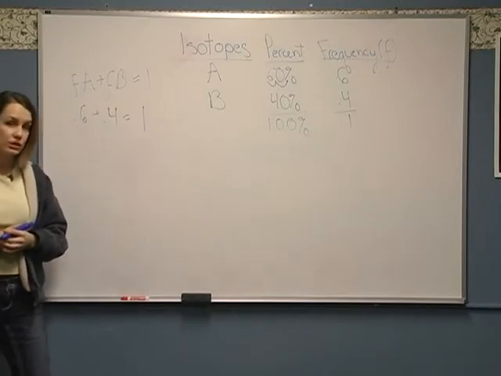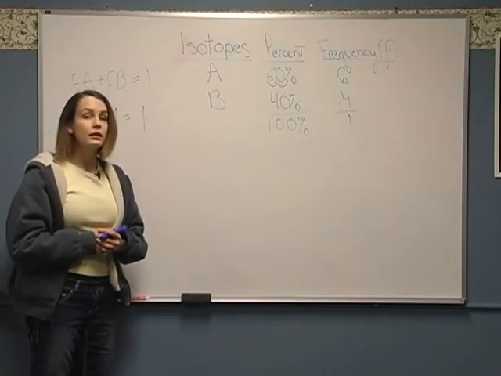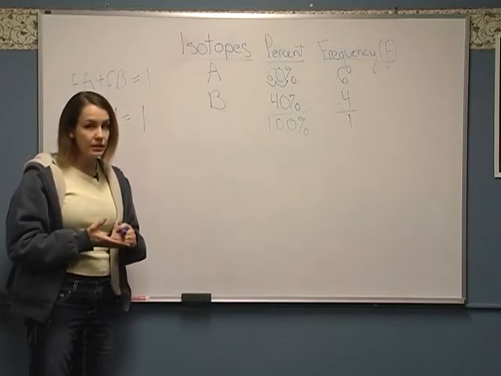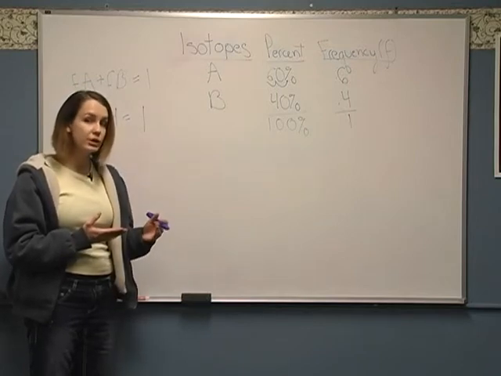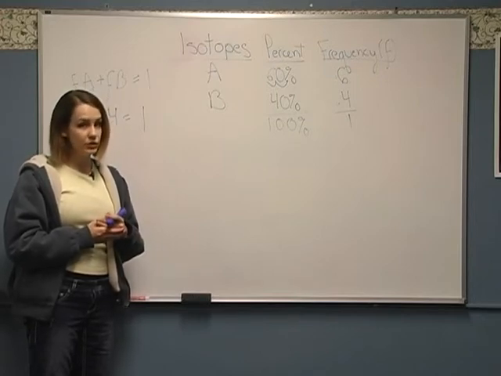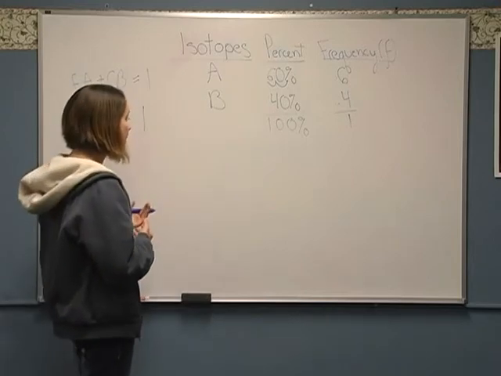The second type of equation involves both the average atomic mass, it involves both the individual mass of each isotope and the percent frequency of that isotope added together to give you the average atomic mass of the element. You've already encountered these types of equations. They look something like this.